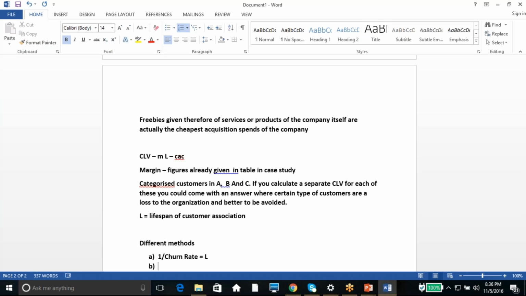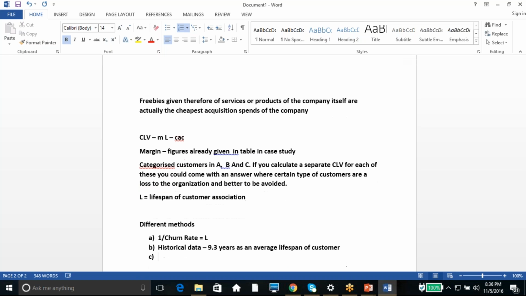The second is historical data, which in this case study I think they have given 9.3 years as an average lifespan of customer. And then you can also have your own estimate.